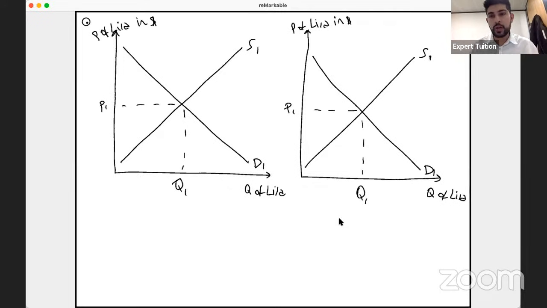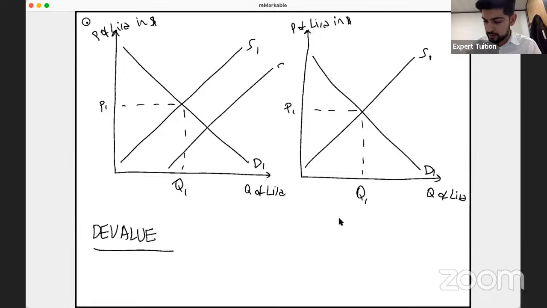Okay, let's go through two scenarios. Scenario number one, where I want them to devalue the lira. If I want to devalue the lira, always start with what the central bank needs to do, and it will make your life easier. So think about what I need to shift. Do I need to shift supply outwards or demand outwards to make the lira weaker? Well, clearly the supply needs to shift out.